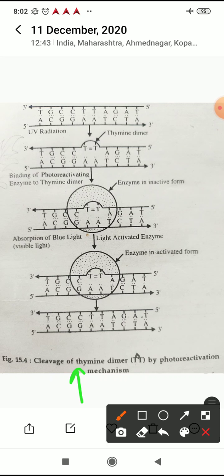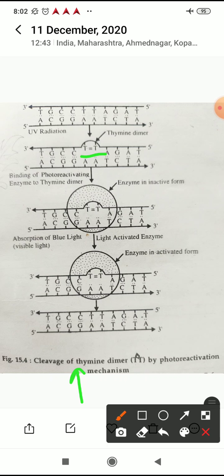So you can see here this TT dimer or cytosine dimer, CC dimer, where T is linked with adjacent T, forming the thymine dimer. And same is the case with C, cytosine links with adjacent cytosine and forms a cytosine dimer.